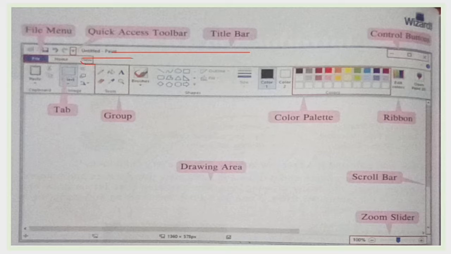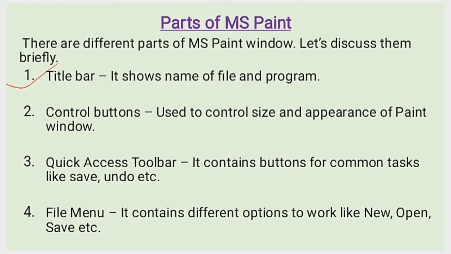So if you name it second paint, or first paint, or your name dot paint, then it appears here. This white line is known as the title bar window.